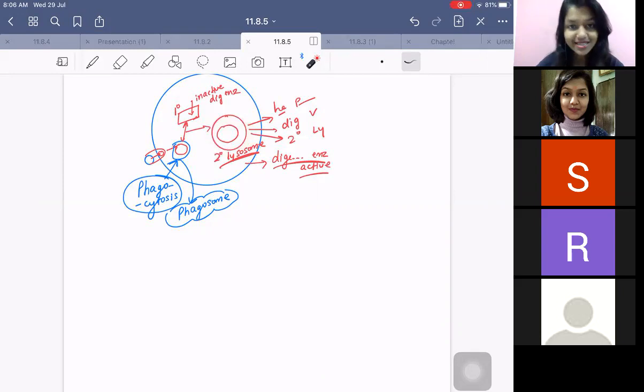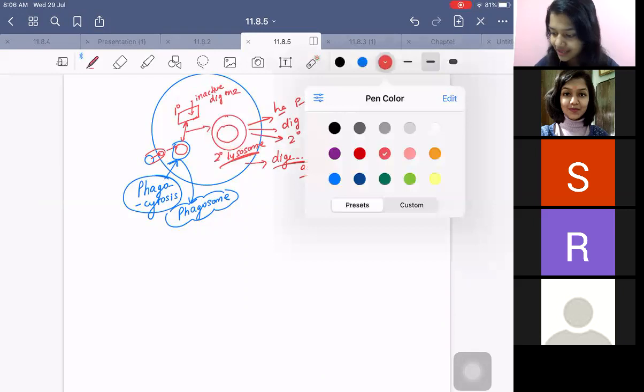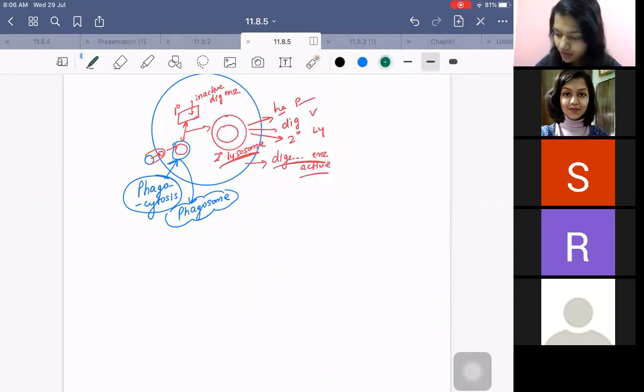So the undigested part will be sent into one structure. From here, you will get the undigested food particle, and you will give it out of the cell.